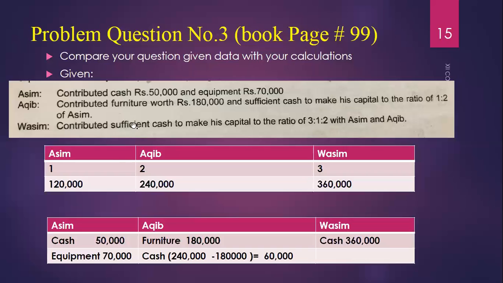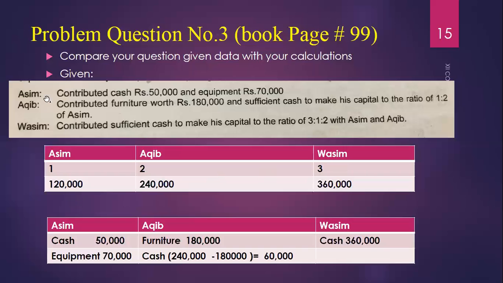You also did previously total capital multiplied by Akif's ratio divided by sum of ratio, and we calculated 240,000. In the same way, we did the calculation for Wasim. This is 360,000. So we have calculated the individual investment of the partners by applying the formula.